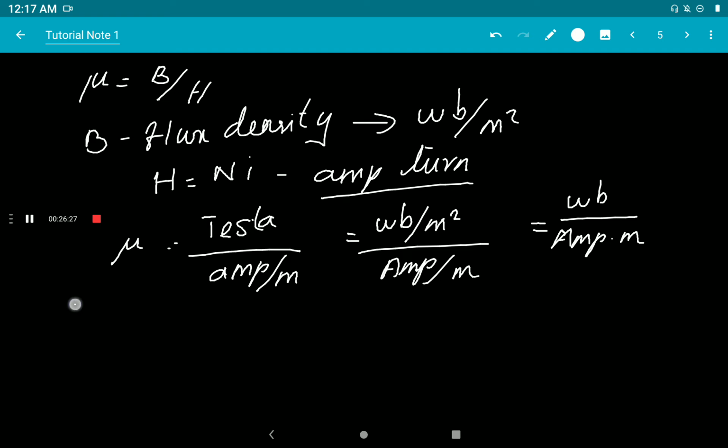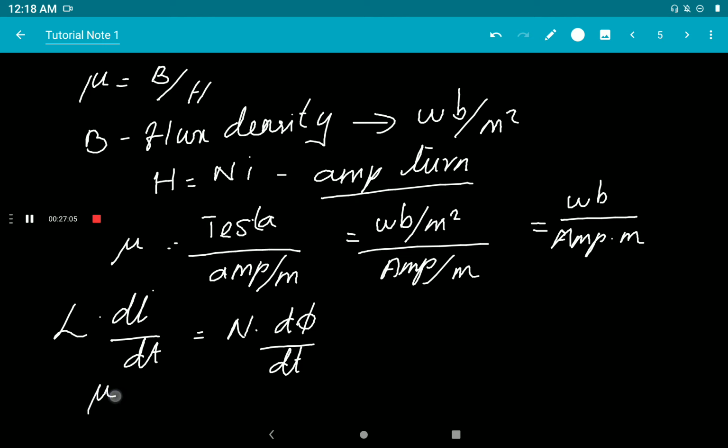And we have already studied inductance. Inductance L into di by dt is similar to N into d phi by dt. Inductance is a relating quantity. When a current flows through a conductor, there will be a property of inductance present in it. So L into the rate of change of current will be proportional to the rate of change of flux.